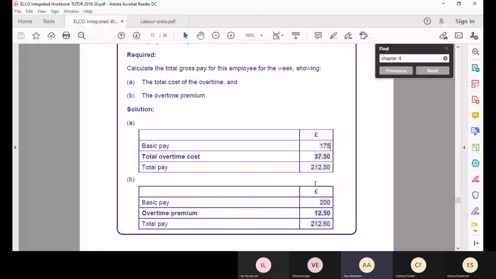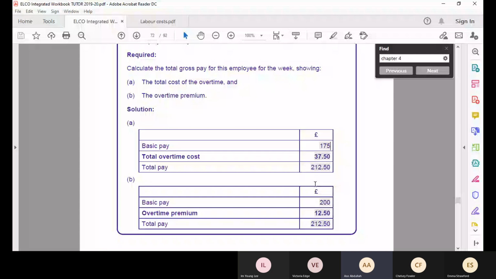Okay. So today we're looking at labor cost. It is not that difficult for you. Don't worry, it is quite easy. We're looking at example number 1, where we are going to calculate labor cost for this particular employee.